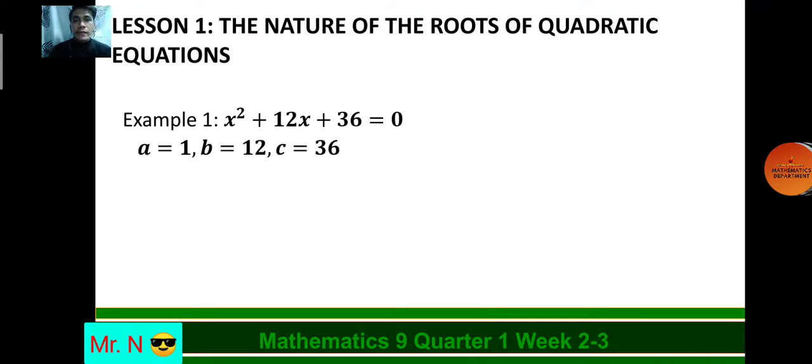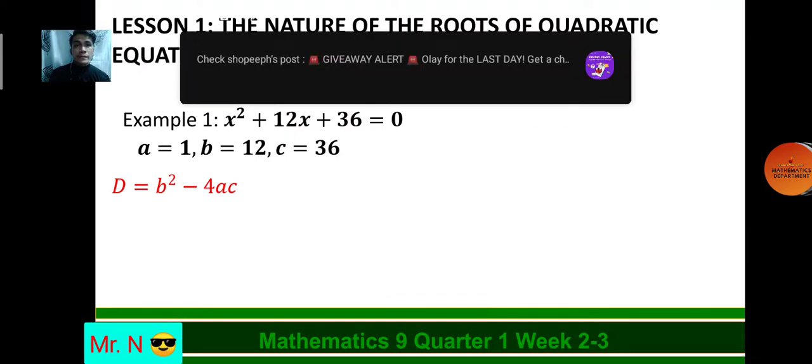we already identified the values of A, B, and C. This time, we're going to substitute all the values in the formula to find the discriminant. We have D equals B squared minus 4AC. Let D, capital letter D, be the discriminant.